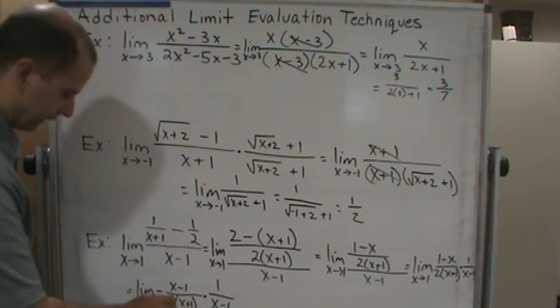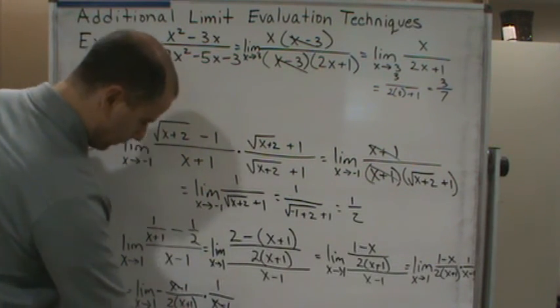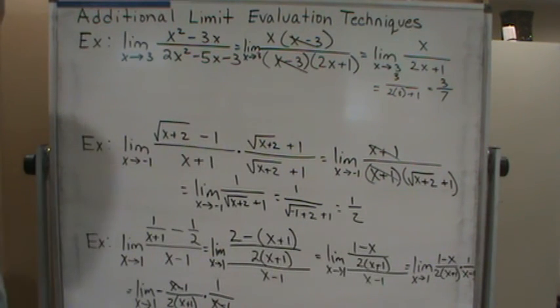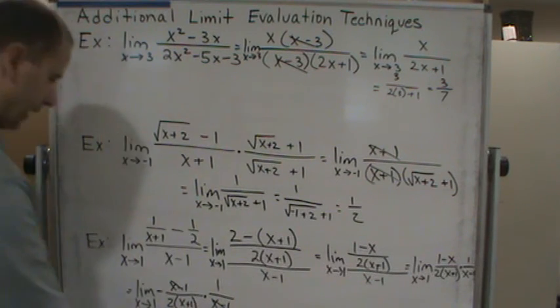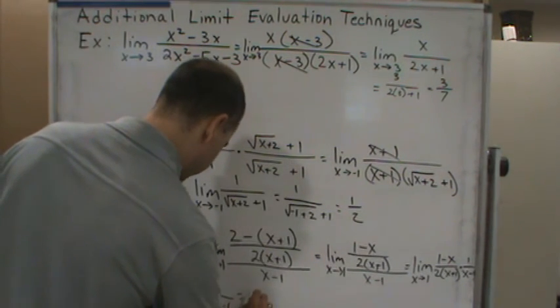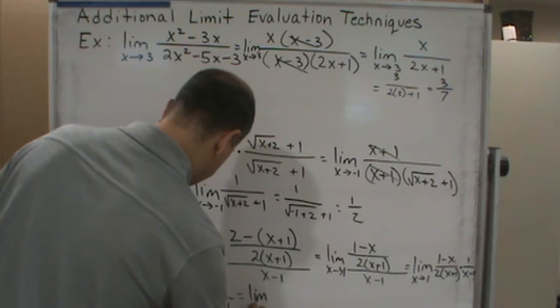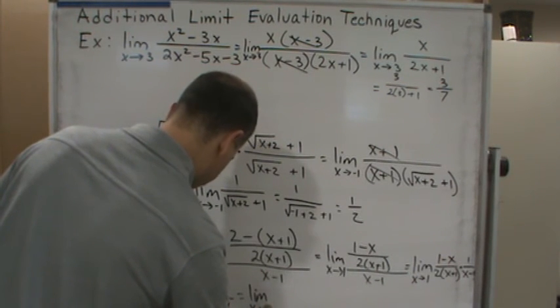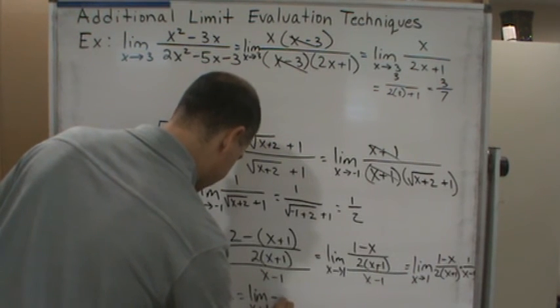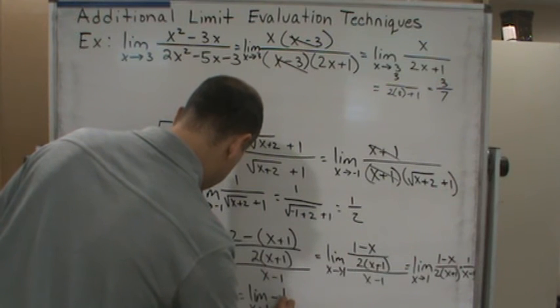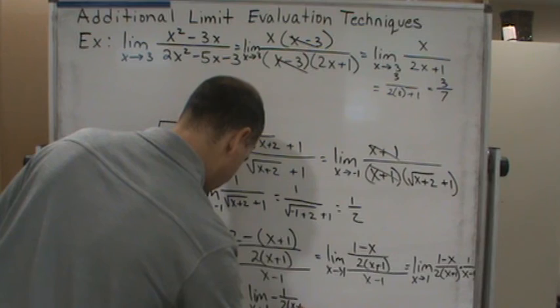And now I can cancel the x minus 1 because they're a common factor on the top and the bottom. And I get my final result, or the final limit anyway, limit as x approaches 1 of negative 1 over 2 times x plus 1.